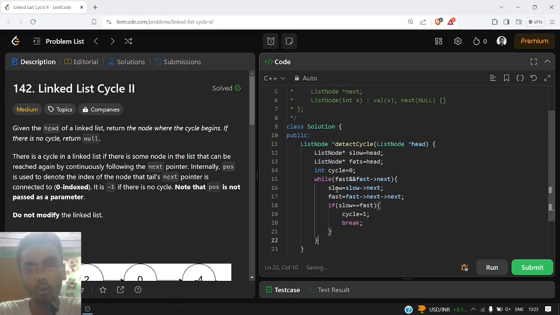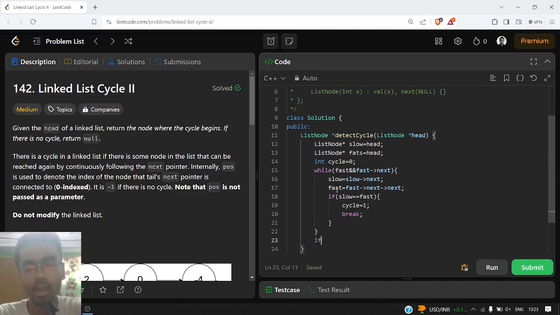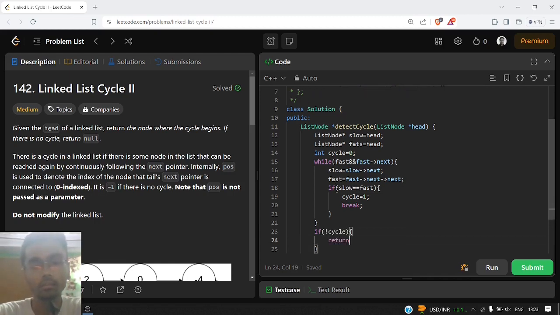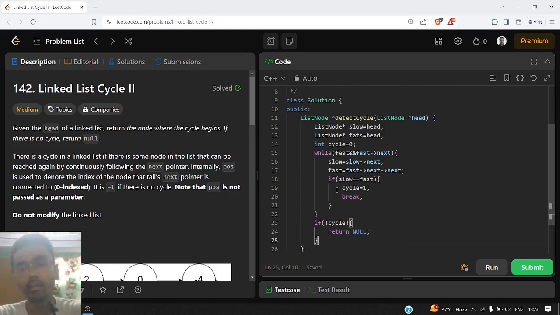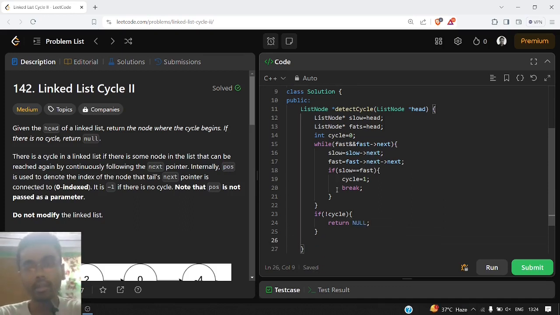So we'll break from here. And what we will do now, if there is no cycle, so not cycle, we will return null. Otherwise, if there is a cycle, we need to find the beginning node of the cycle.